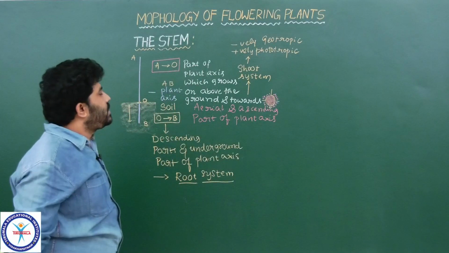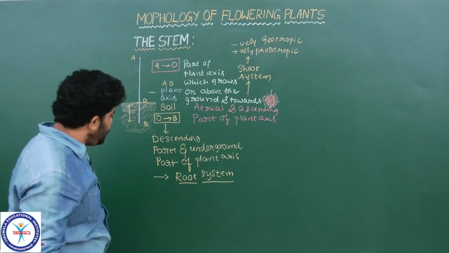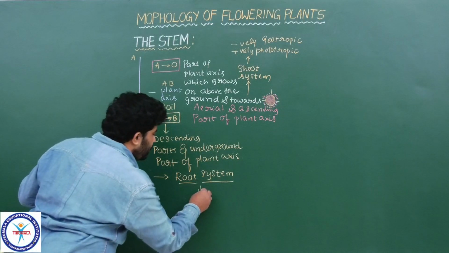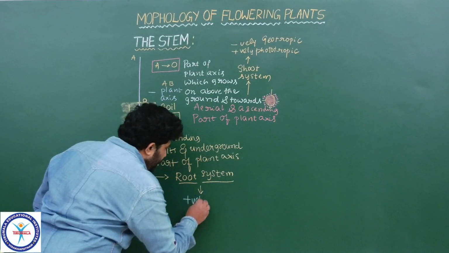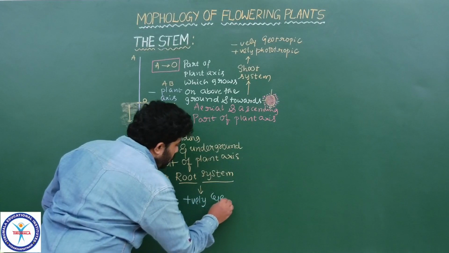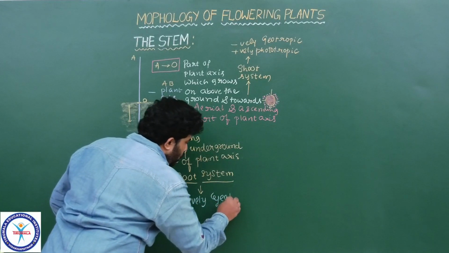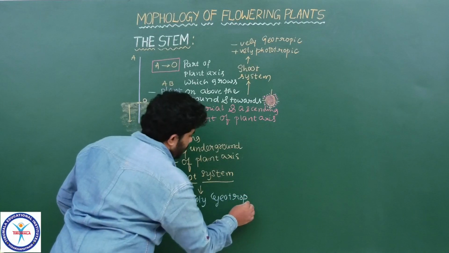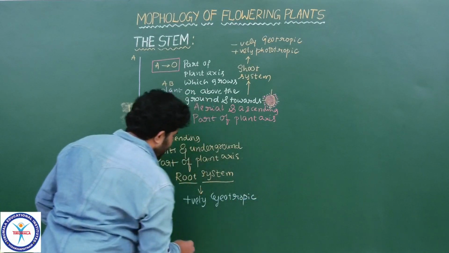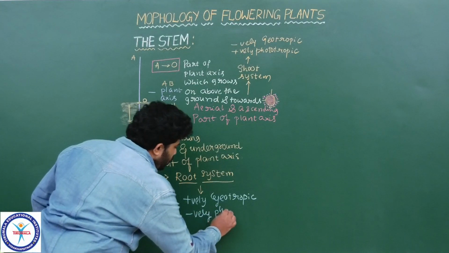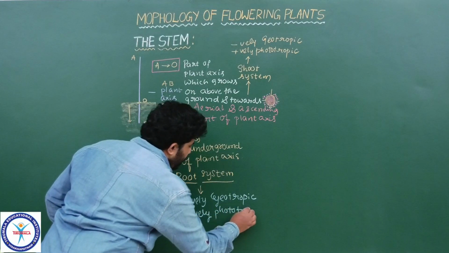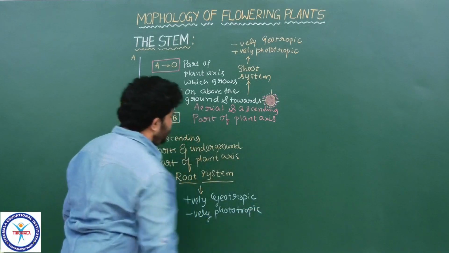It does not grow towards the soil in general. In the same way, the root system is said to be positively geotropic and negatively phototropic. Now you got the point.